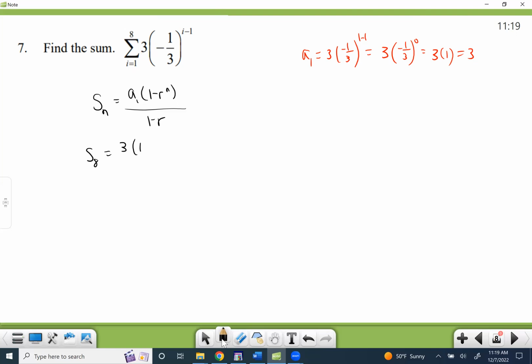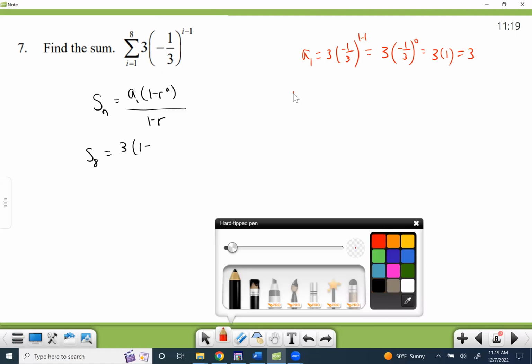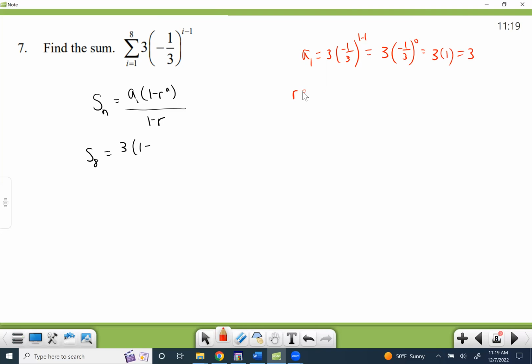Okay, now the common ratio. Whatever's inside the parentheses is always going to be your common ratio. So let me write that out. A sub 1, plug in the bottom number.